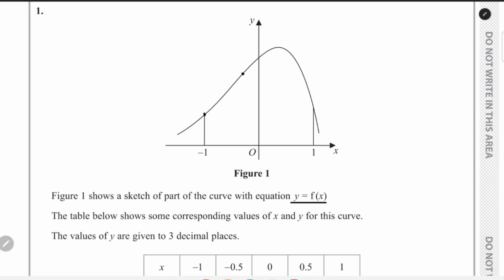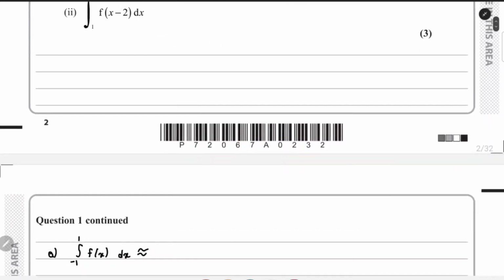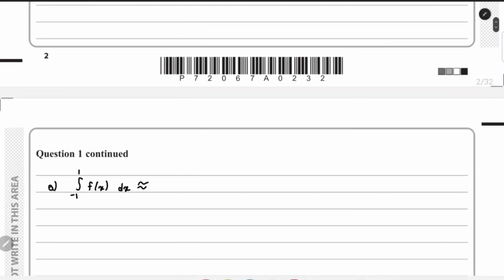If we have a larger width, the error will be greater, and if we took smaller strips like this, the error would be smaller. The approximation would be more accurate.